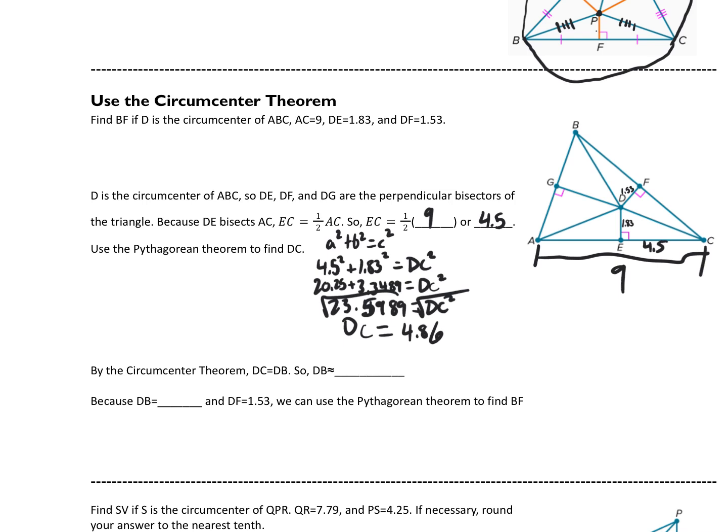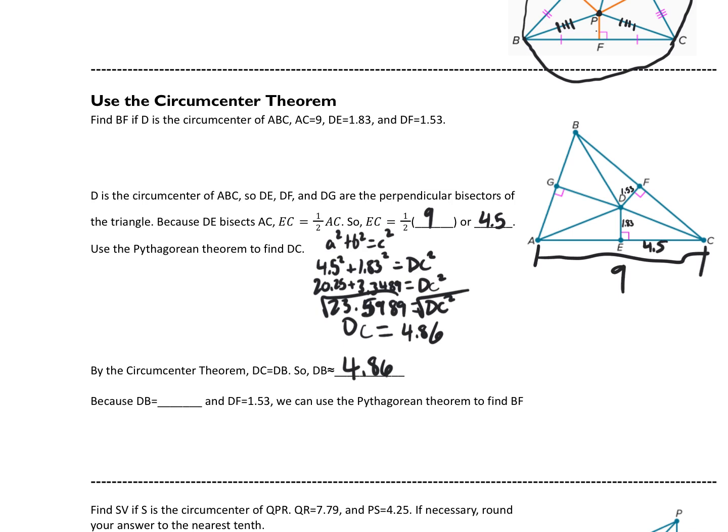So by the circumcenter theorem, DC is equal to DB, because those are the lines that extend from the circumcenter to the vertex. So if DC is 4.86 or thereabouts, then so is DB.